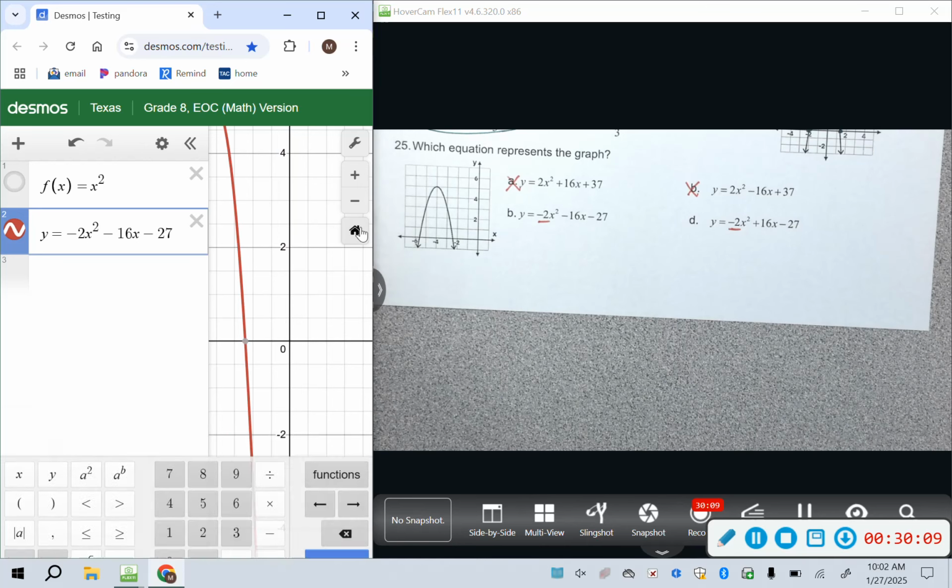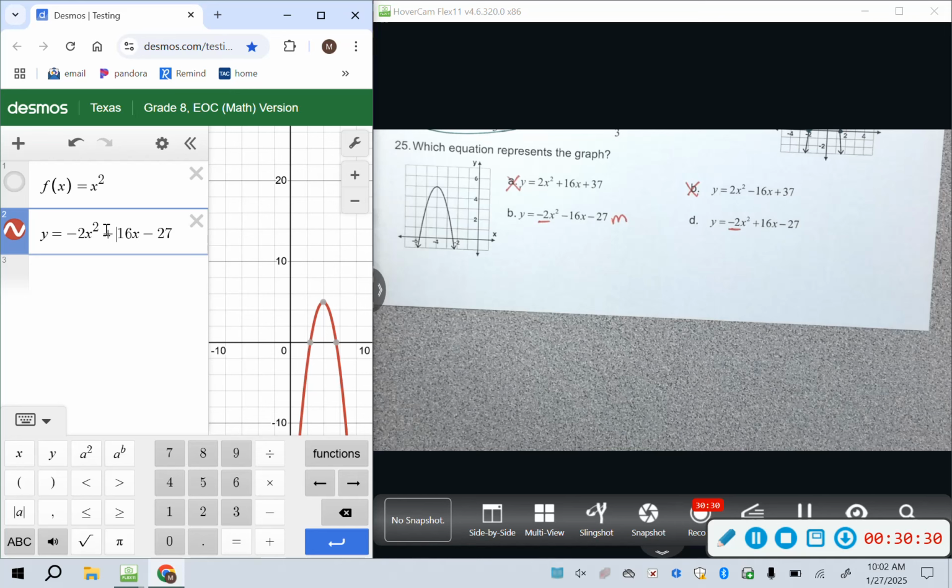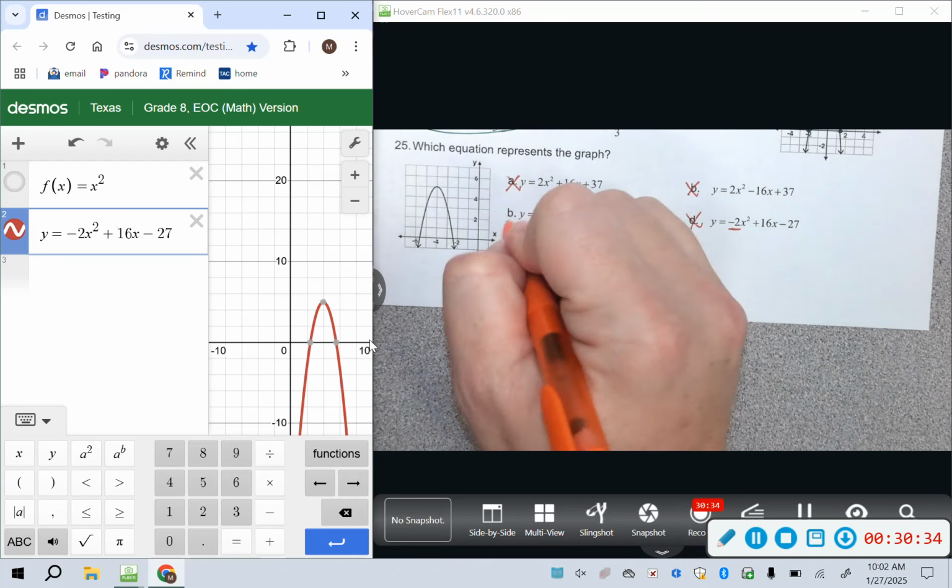I'm going to hit the home button so we can see it. This has a vertex of negative 4, 5, which is the same, and intercepts at about negative 5.5, negative 2.5, which is about accurate. So this one could be it, maybe. Let's double check the other one just to be safe. This one says plus 16 minus 27, and that is not even close. So my answer is B.